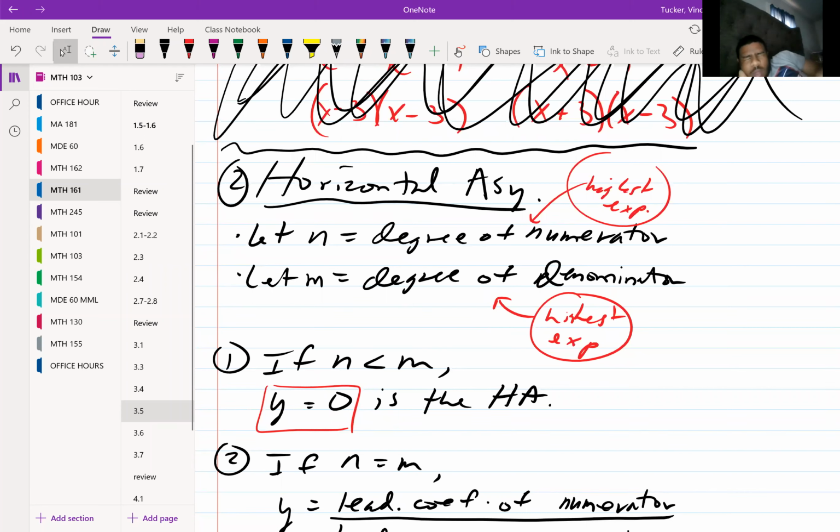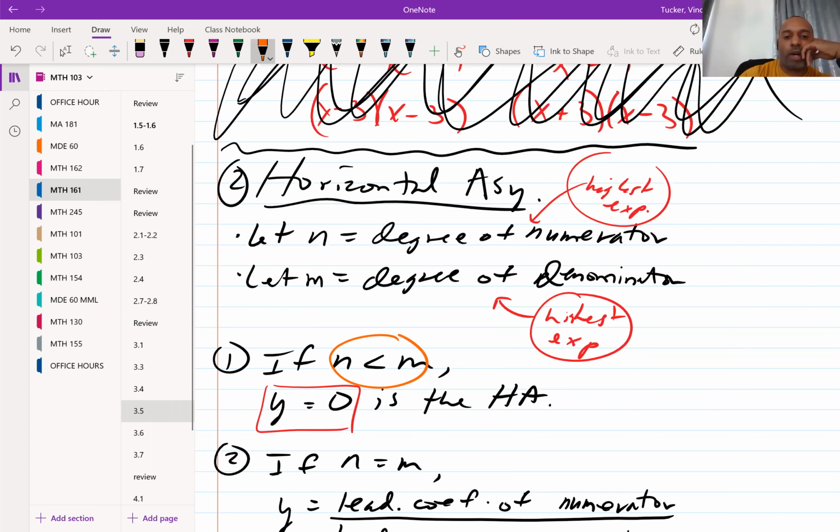Right here. If the highest exponent in your numerator is less than the highest exponent in your denominator, y is equal to 0 for your horizontal asymptote. So no calculation, just observation of what you have.